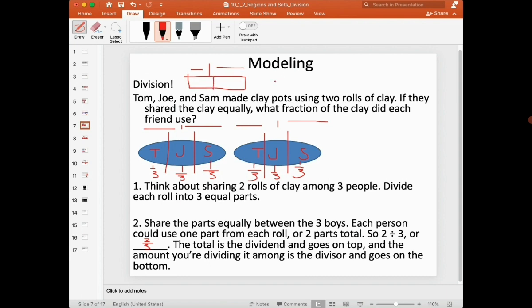So what we're really doing here, we've talked before that you cannot divide a smaller number by a bigger number. That is true if we're trying to get a whole number as our answer. But what we're going to talk about today, you actually can divide a smaller number by a bigger number if the answer is a fraction that's less than one whole.